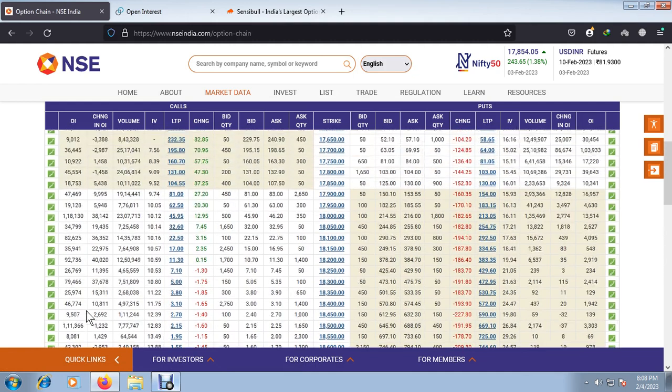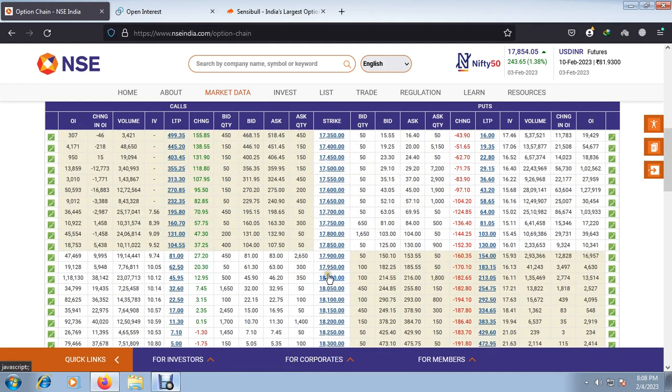So 1 lakh 18,000 is the highest open interest among the call sides for this week's 9th February expiry, meaning the call writers have built the highest position at this strike price. This will be the resistance for the market.